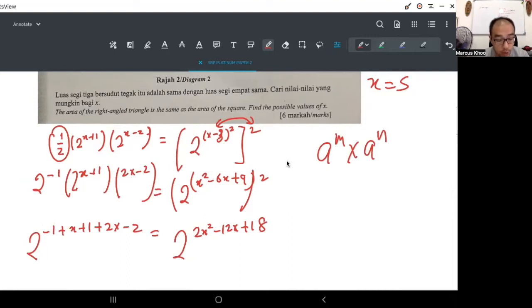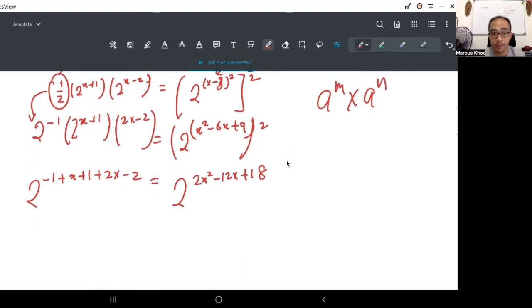That's why we change this half to become 2 to the power negative 1, so that I can bring it all together. The one thing that you don't want to do is to bring the half across, terus dia jadi darab 2. Boleh juga lah, but it will make your life much more complicated.